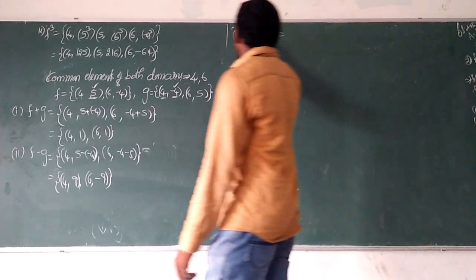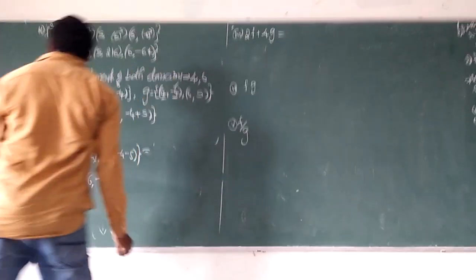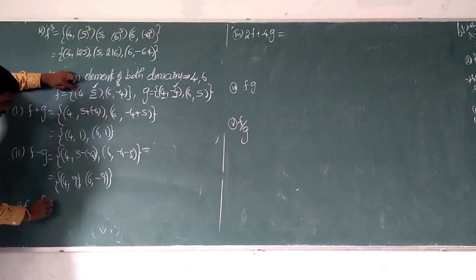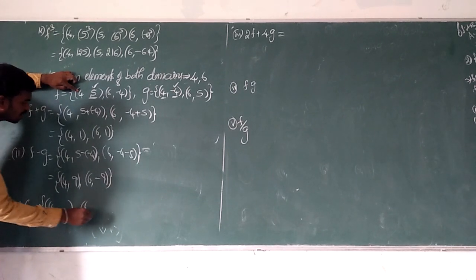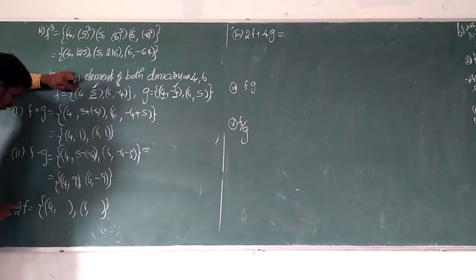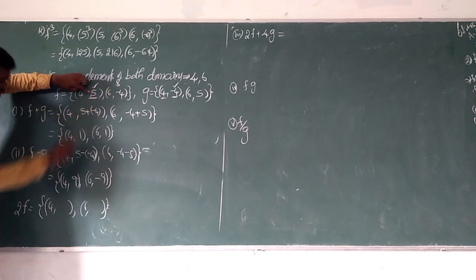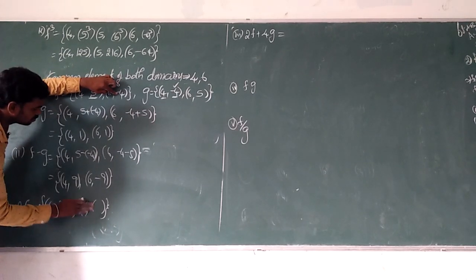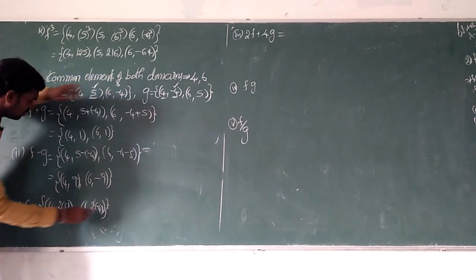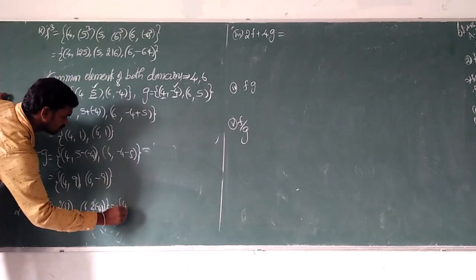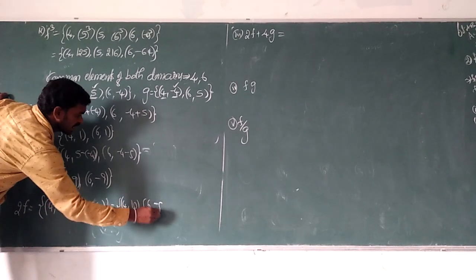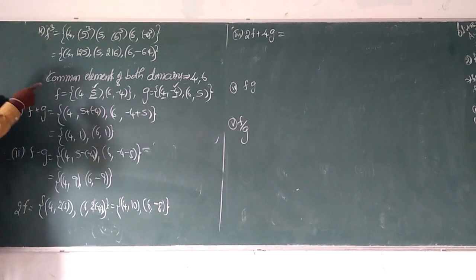So before doing 2f plus 4g, what is 2f, what is 4g? 2f equals, for f, 4 comma and 6 comma. 2 into f means 2 into 5 and 2 into minus 4. So the set is 4 comma 2 into 5, which is 10, and 6 comma 2 into minus 4, which is minus 8. So this is 2f.